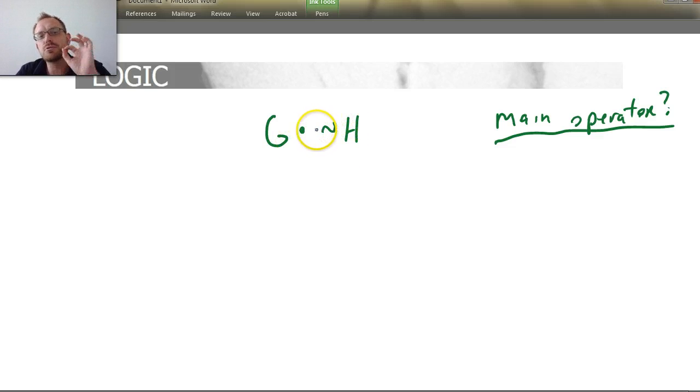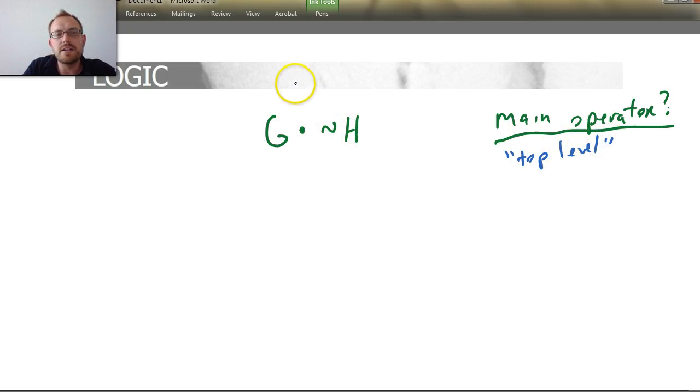Which one is the primary operator that we're concerned with? Ultimately, you want to think that the main operator is the top level operator, right? And in this case, it is the conjunction, right? Because remember, the negation only refers to this, but the conjunction connects these two things together, which means that this is the main operator, right?